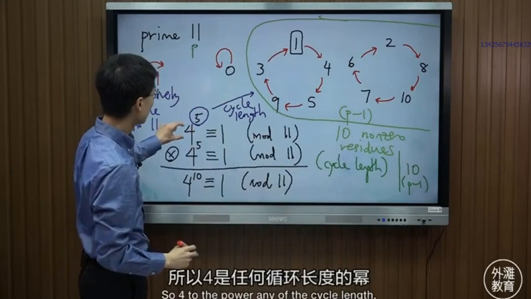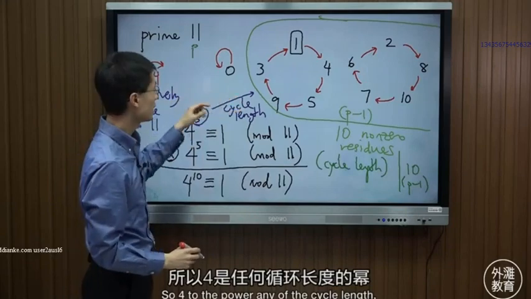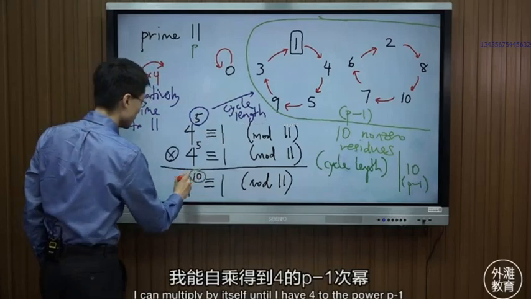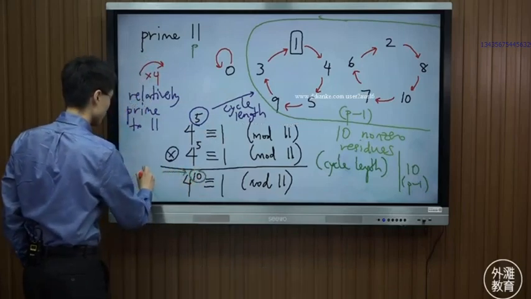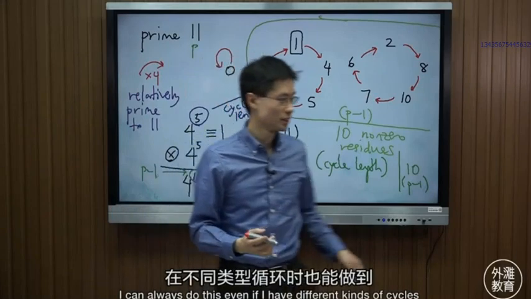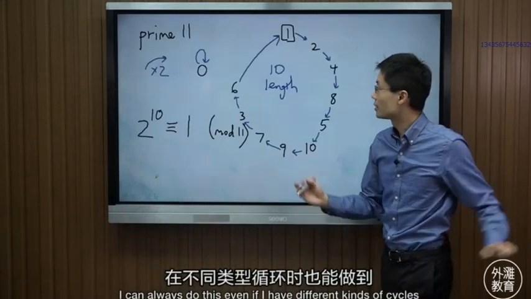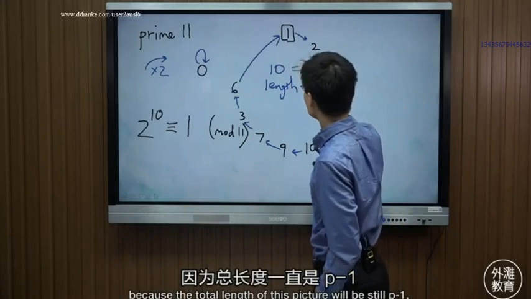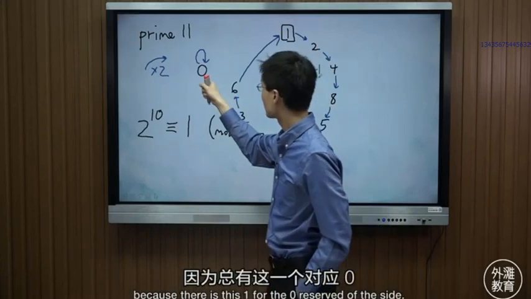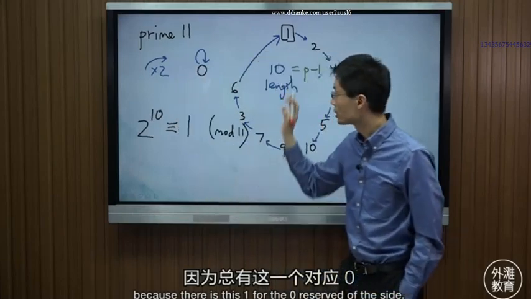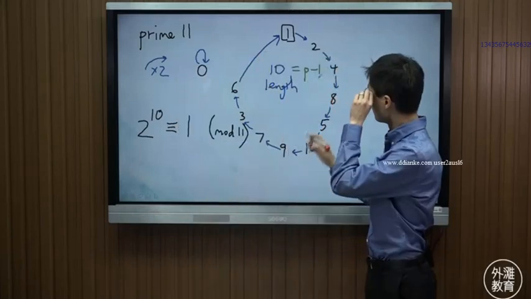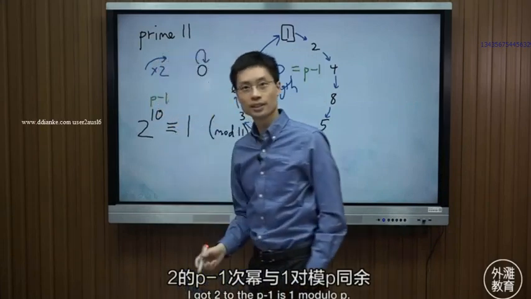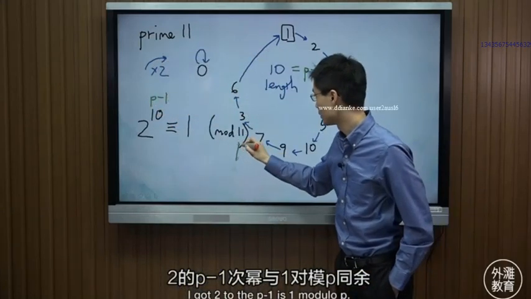So 4 to the power any of the cycle lengths, I can multiply by itself until I have 4 to the power p minus 1. I can always do this, even if I have different kinds of cycles, because the total length of this picture will be still p minus 1 because there is this 1 for the 0 reserved off to the side. So again over here, I get 2 to the p minus 1 is 1 modulo p.